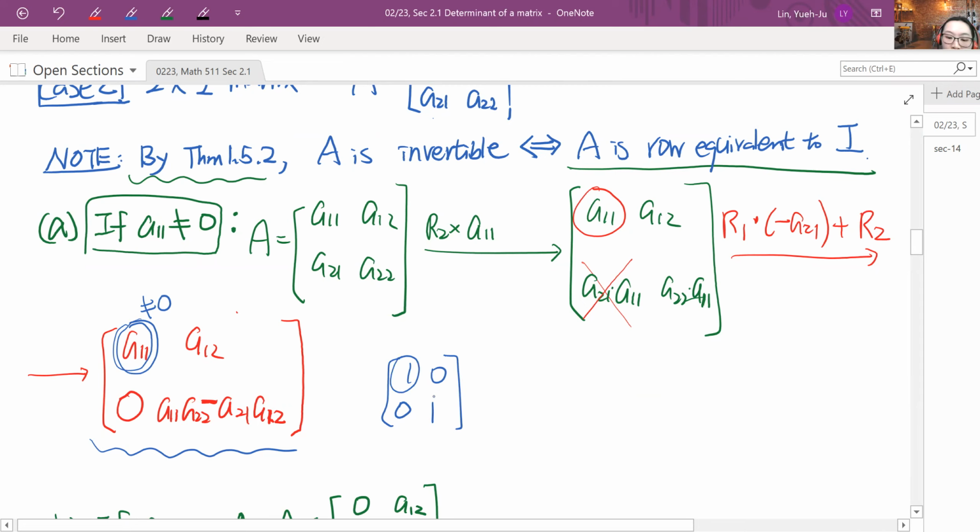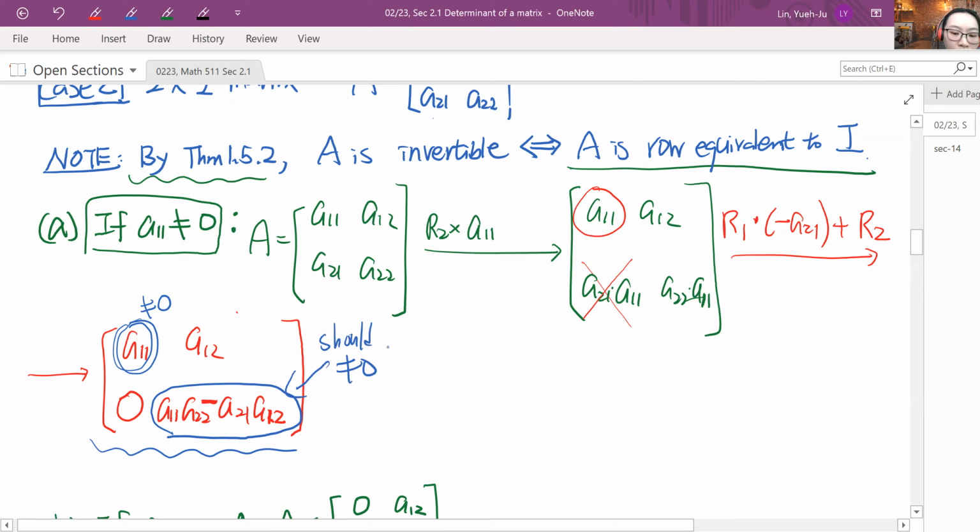But in order to get the other one, we hope this last thing, this subtraction, to be non-zero. Otherwise there will be a problem. If it's 0, there's no way you can reduce this matrix to identity.